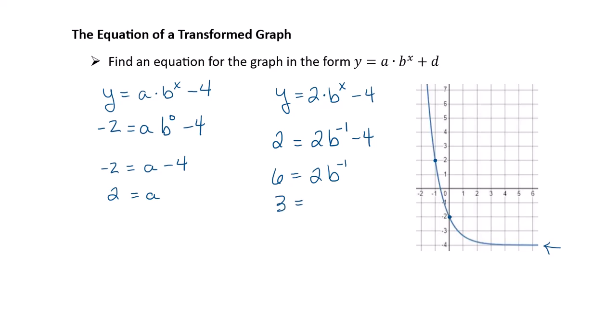That gives me 3 equals b to the -1. Well, if I can raise both sides of this equation to the power of -1, that will give me a b. And 3 to the -1 is 1/3. And it looks like I have all the pieces I need now for my equation. The equation is y equals an a of 2 times a base of 1/3 to the x minus 4.